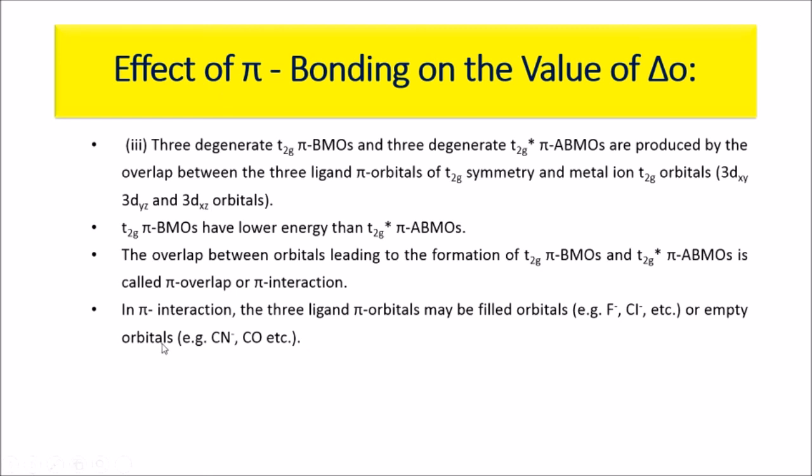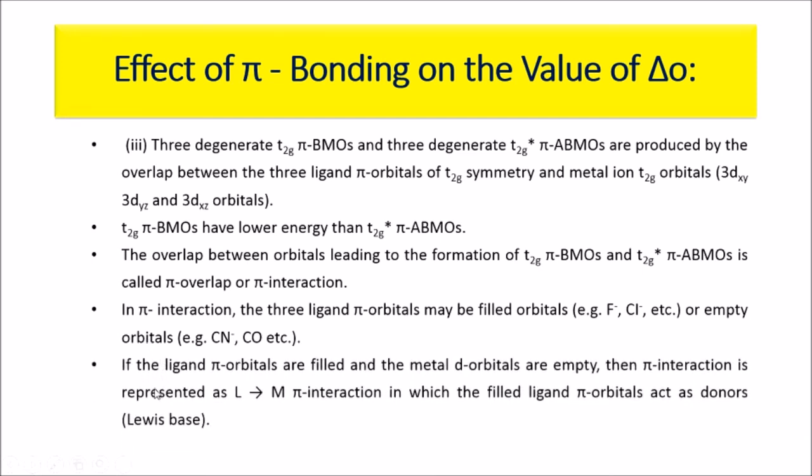When empty pi orbitals are there, the examples would be cyanide, carbon monoxide, nitrosyl oxide, triphenyl phosphine, alkyl phosphine, hydride ions, etc. So these two types of interactions are there as far as pi interaction is concerned. One is through filled orbitals and the other one is through empty orbitals. Filled orbitals always result in pi base and empty orbitals always result in pi acidic orbitals, that we are going to see later.